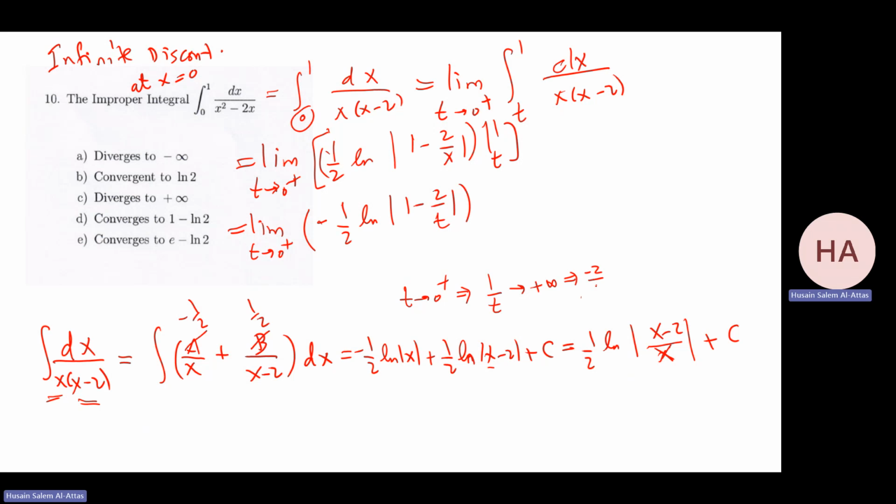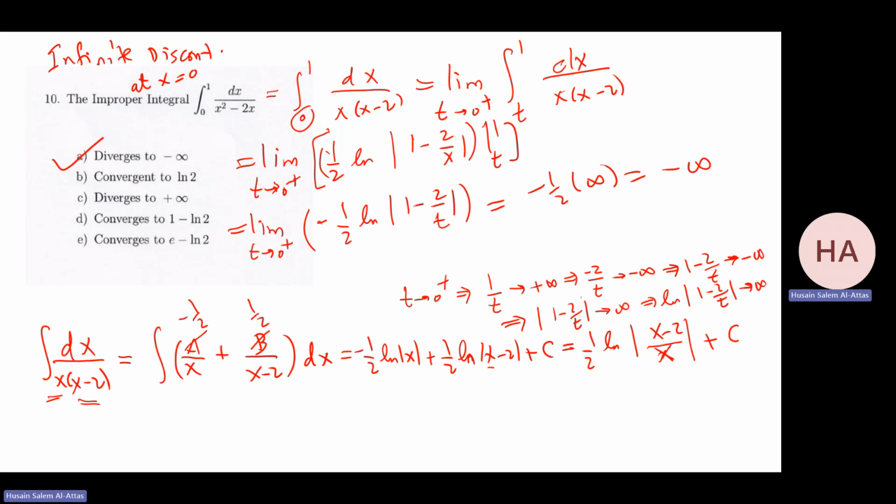So minus 2 over t goes to minus infinity. 1 minus 2 over t goes to minus infinity. Absolute value 1 minus 2 over t will go to infinity. Ln of this also goes to infinity. So I have minus half times infinity, which is minus infinity. So it diverges to minus infinity.